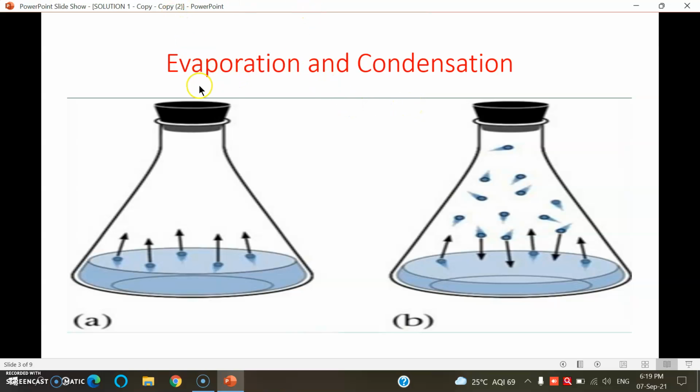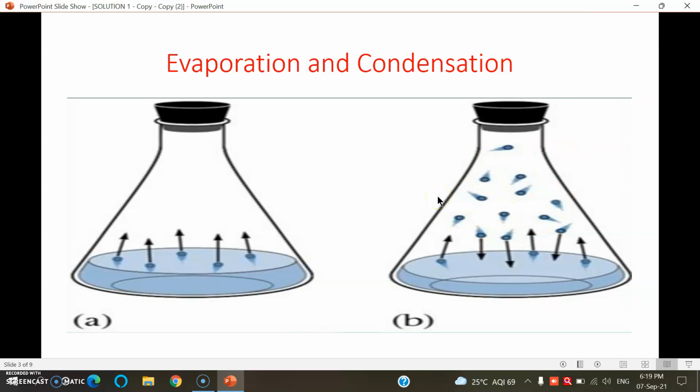First, evaporation is the conversion of liquid state into gaseous state, whereas the second, condensation, is the conversion of gaseous state into liquid state. Initially, as this process is carried out at the same temperature, evaporation occurs at a constant rate, but initially the rate of condensation is minimum because fewer gaseous molecules are present in the given volume.